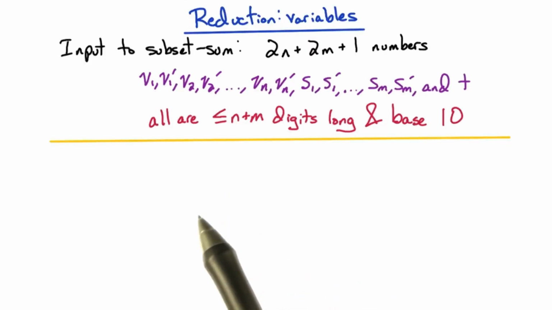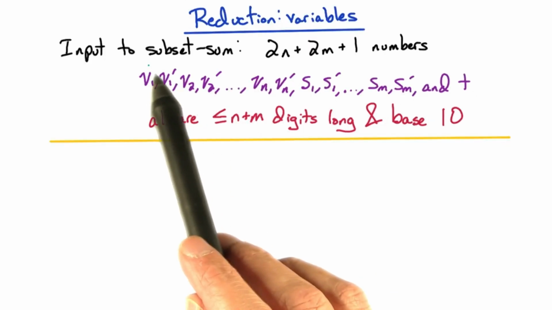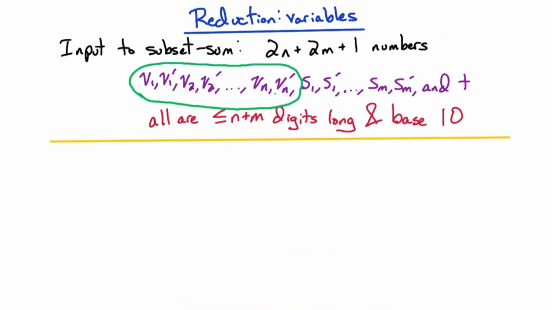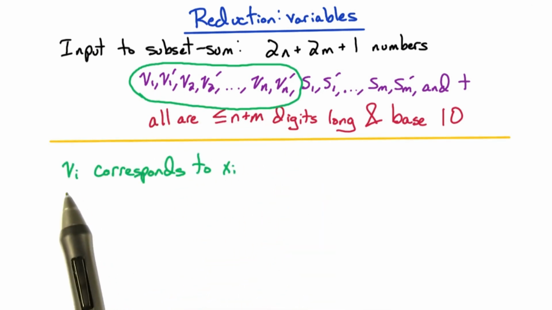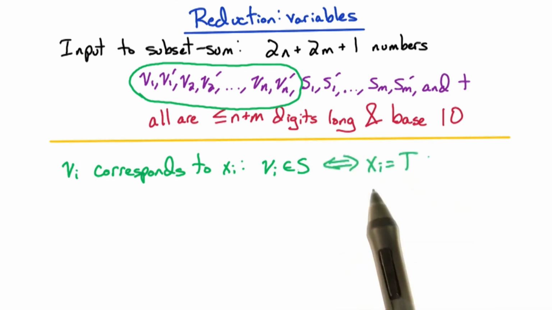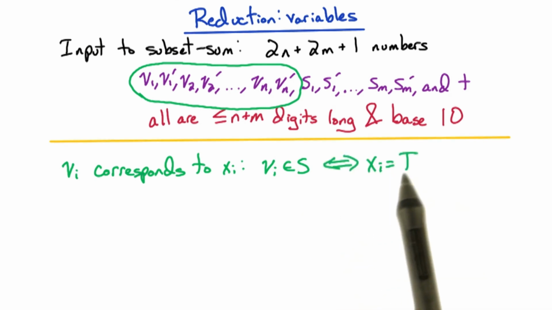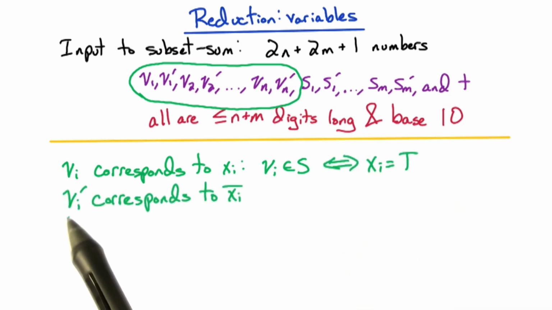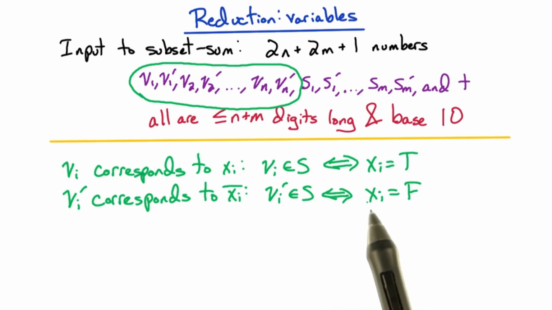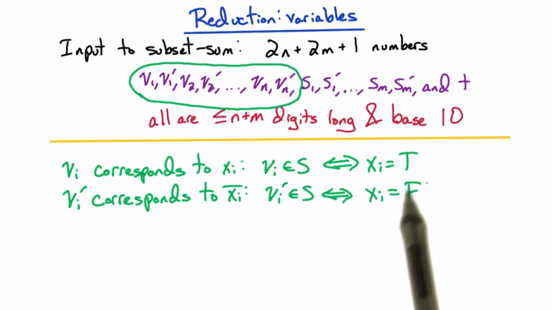Now let's take a look at the actual specification of the input to the subset sum problem. Let's start with these numbers corresponding to the 2n literals. In particular, vi corresponds to xi. So we're going to include this number vi in the subset S if and only if the literal xi is set to true. Similarly, vi prime corresponds to xi bar, and we'll include vi prime in the subset S if and only if the variable xi is set to false.